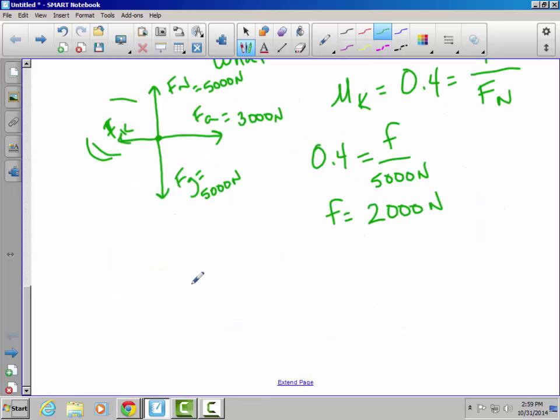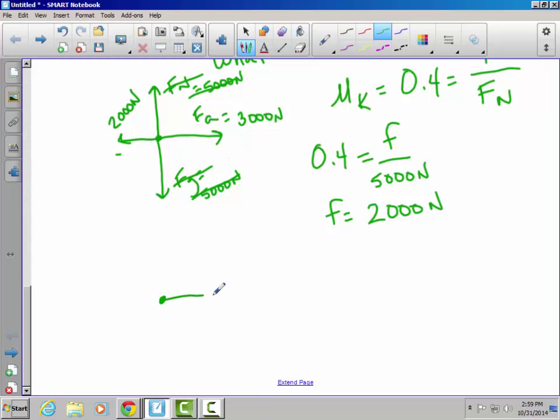So now I'm going to come back up here and I can fix my free body here so that I know, because I know what my frictional force is. Alright, so my piano is in equilibrium vertically, right? I have gravity and the normal forces will cancel out. So all I've got left is 3,000 going to the right and 2,000 going back.